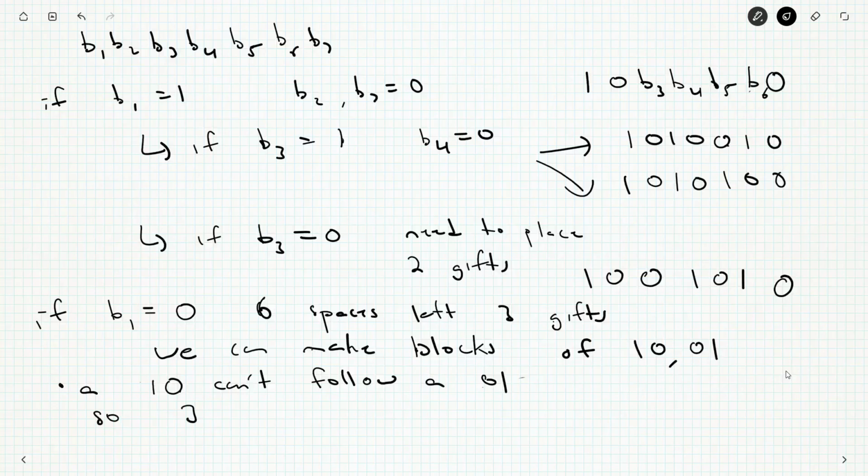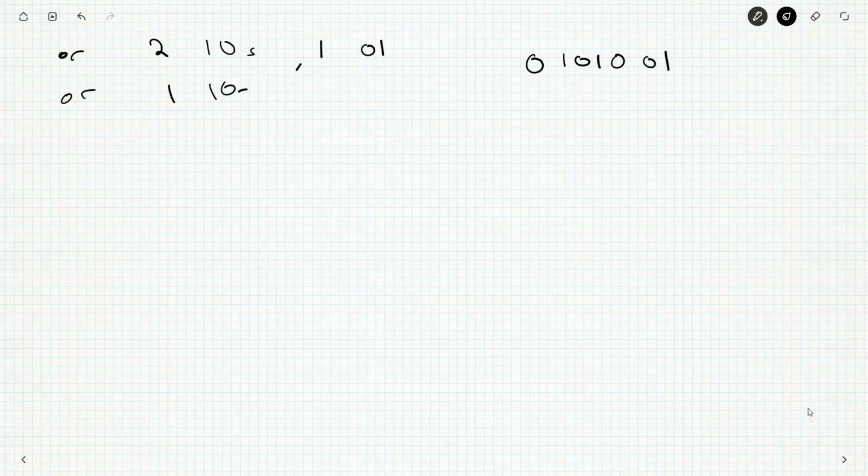So we either have 3 1 zeros, which gives me 0, 1 0, 1 0, 1 0. Or 2 1 zeros and 1 0 1. So that'll be 0, 1 0, 1 0, 0 1. Or 1 10 and 2 0 1s.